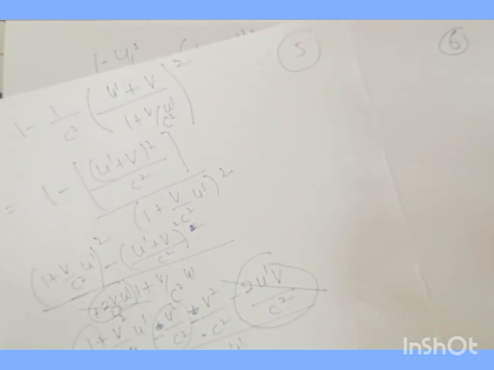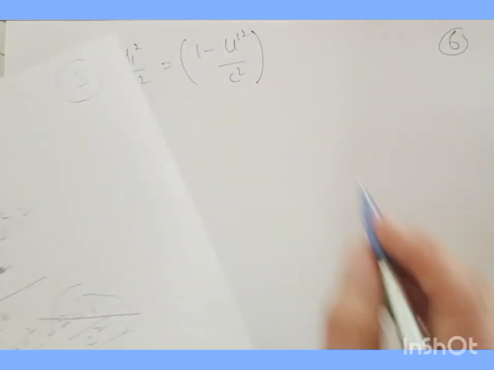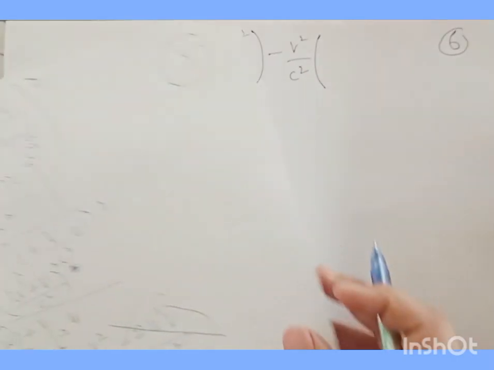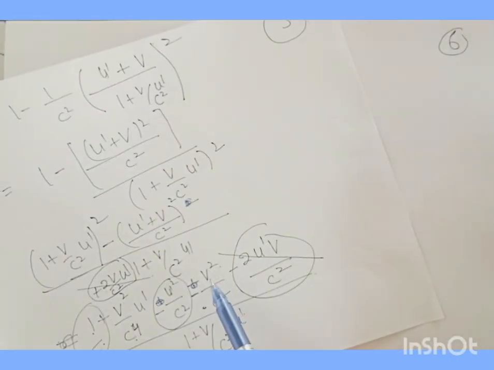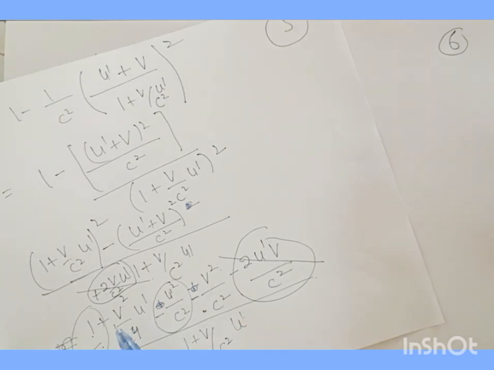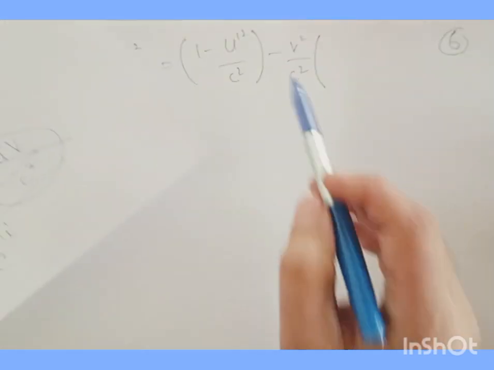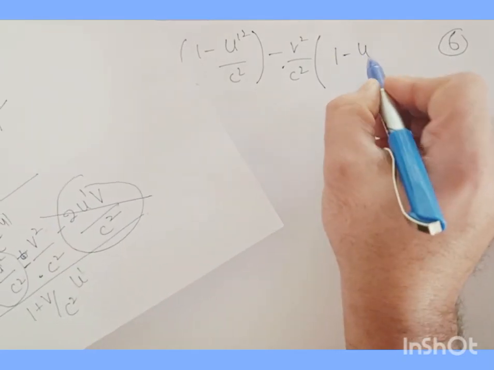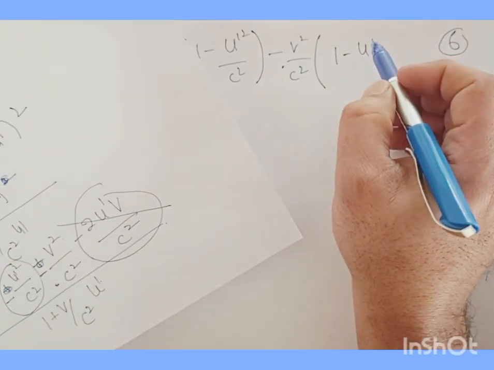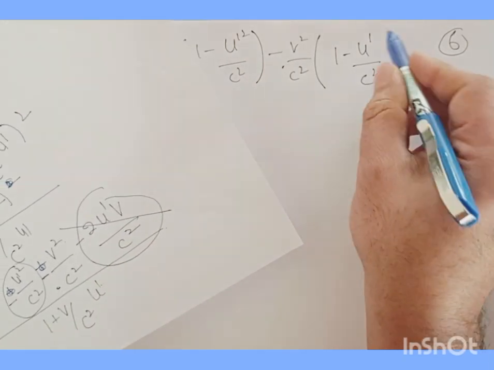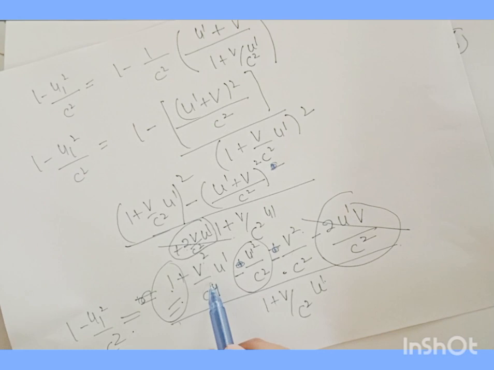In these two terms, I think v square by c square can be common. So I can write minus v square by c square times what will remain inside. This is v square by c square, and since I'm taking it out as minus, it will be 1 minus u dash square by c square, because here we have c to the power of 4.